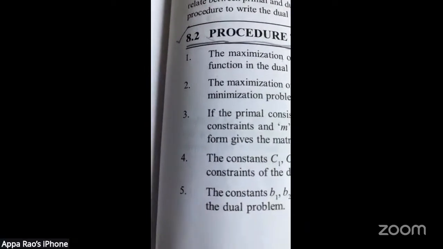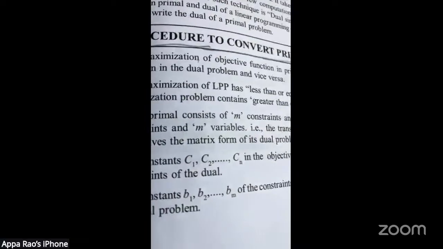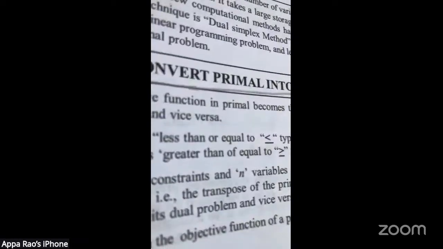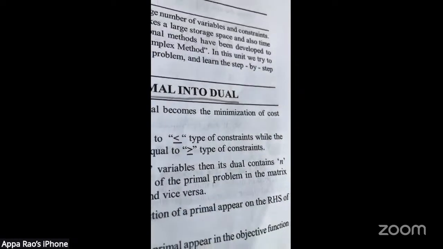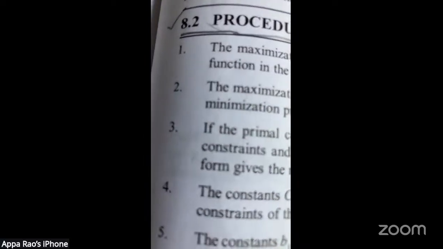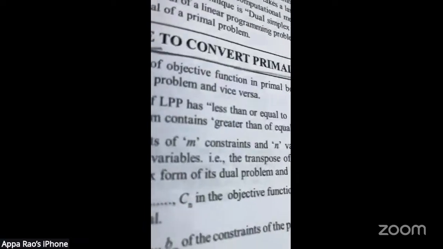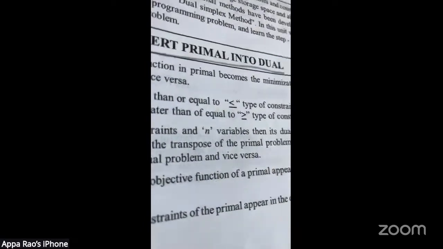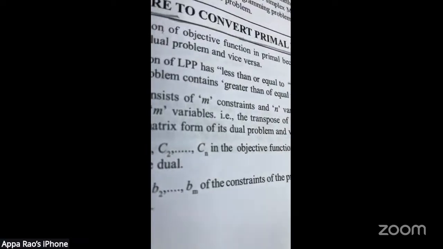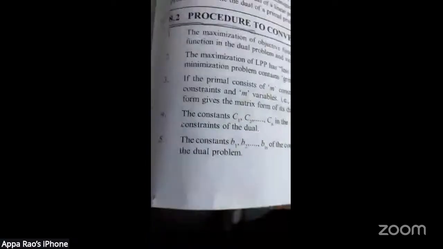If the primal consists of m constraints and n variables, then its dual contains n constraints and m variables. The transpose of the primal problem in the matrix form gives the matrix form of its dual problem and vice versa.